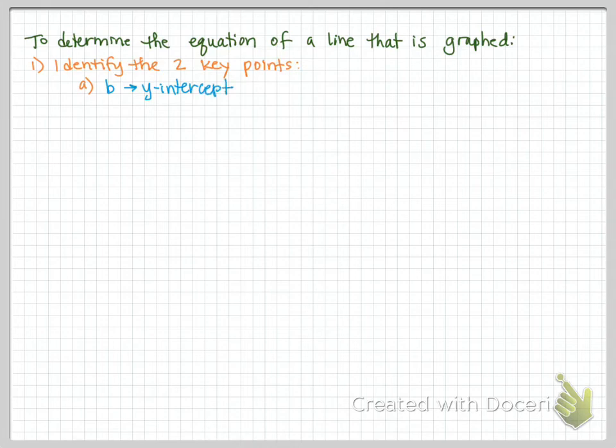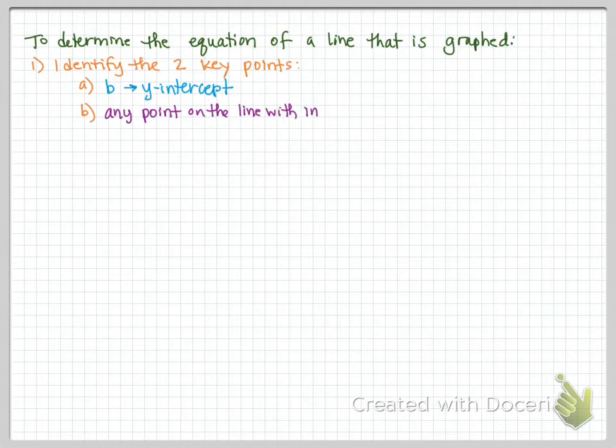The second key point would be any point on the line with integer values.